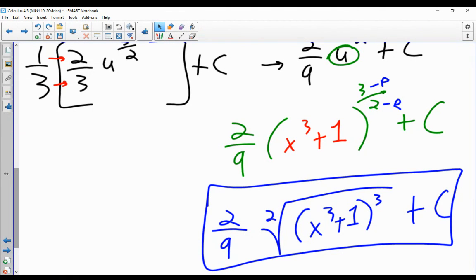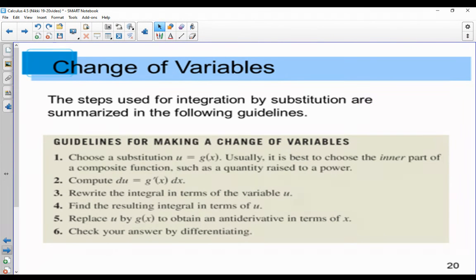And congratulations! You are now very confident and very knowledgeable in u substitution. And it's very helpful to finding antiderivatives of more complicated examples. On the next slide, here are just some step-by-step instructions for substitution if you ever need just reassurance in the future.